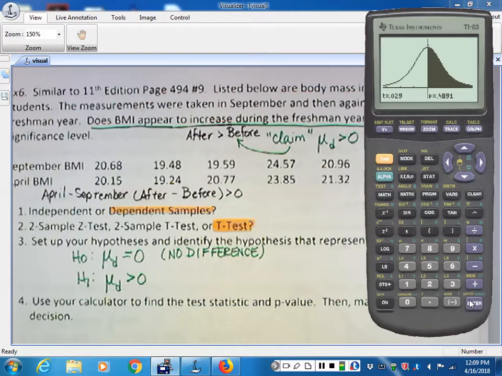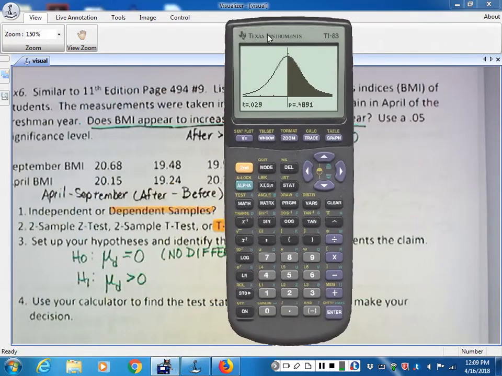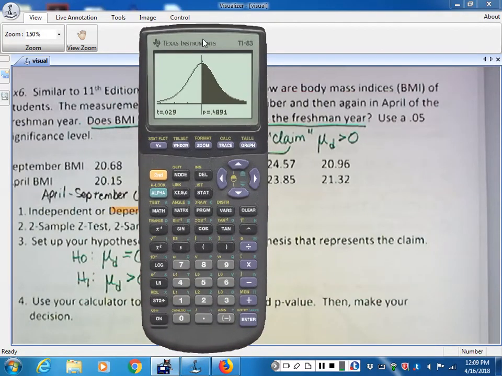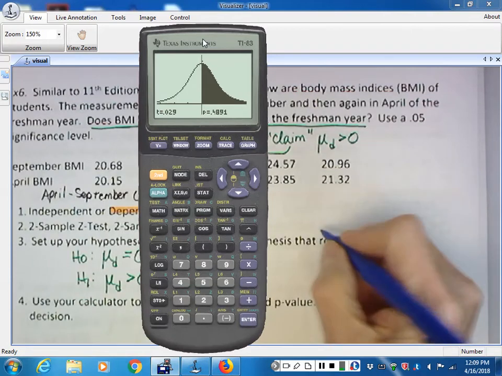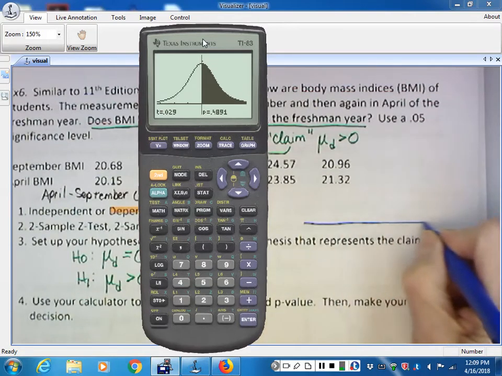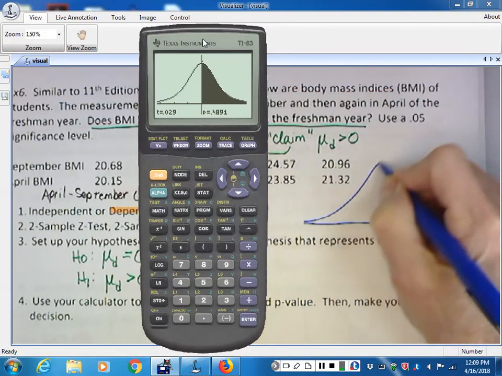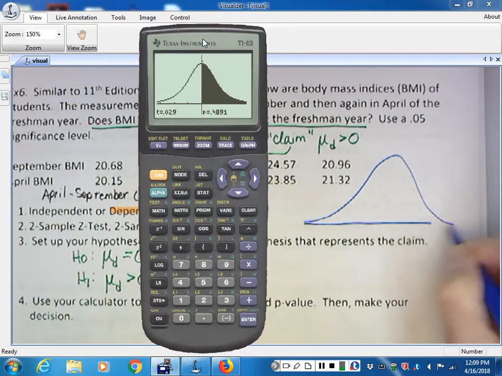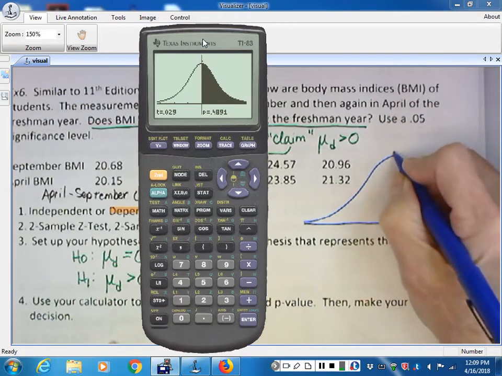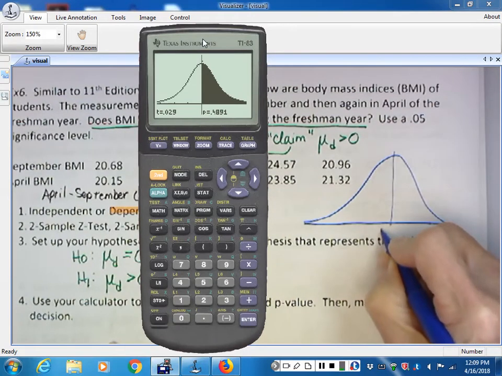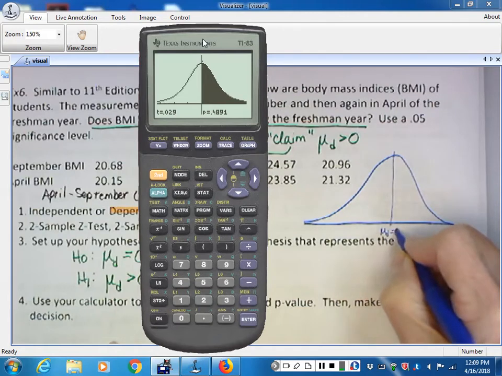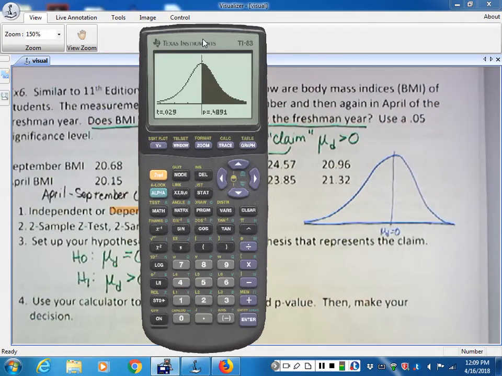So here's the result of our test. That line is where the average difference is 0.